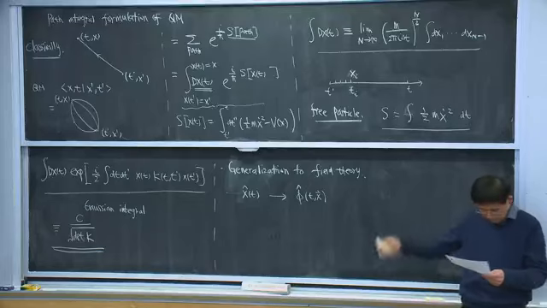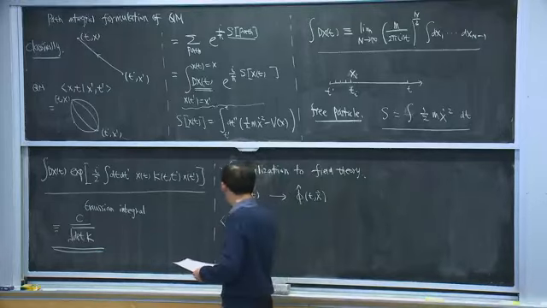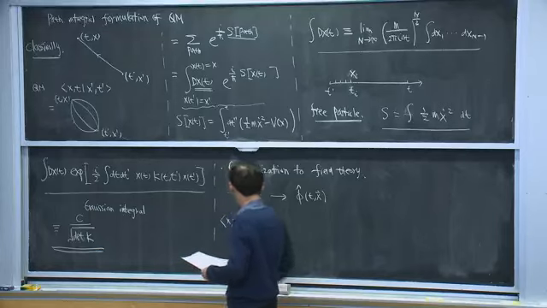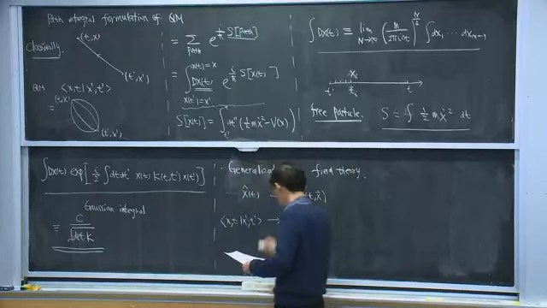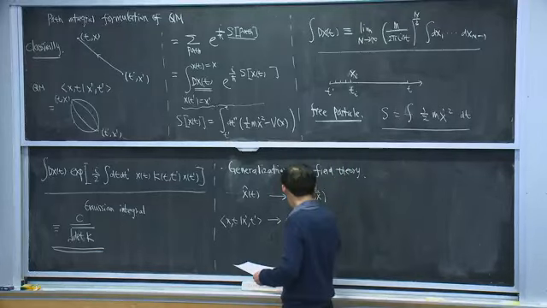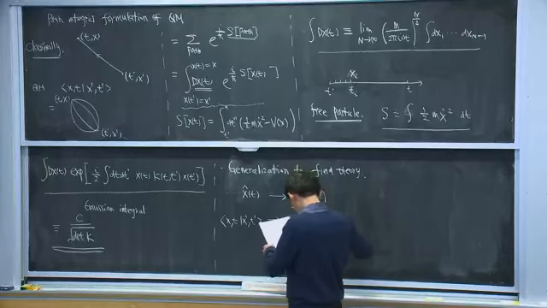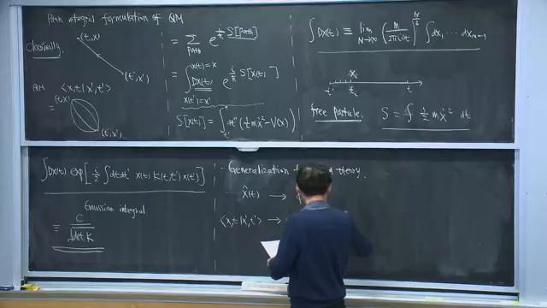Phi is your field variable, and this quantity, when you go to field theory, the corresponding quantity is phi(x) at some time t, and phi prime(x) at time t prime.